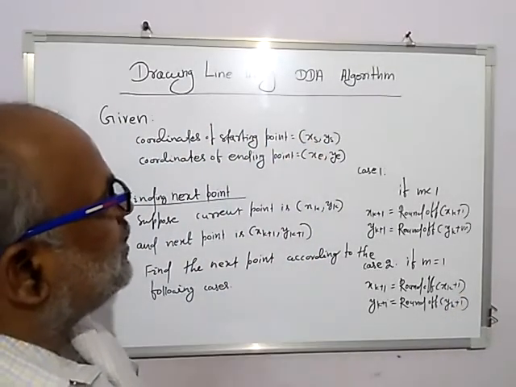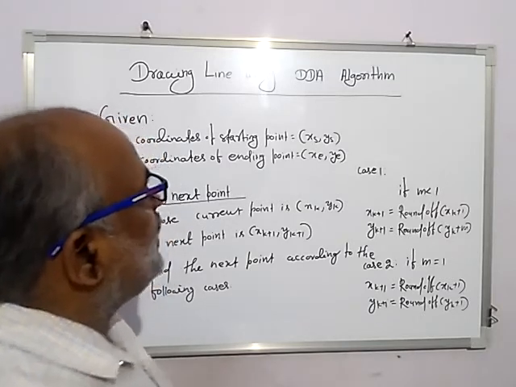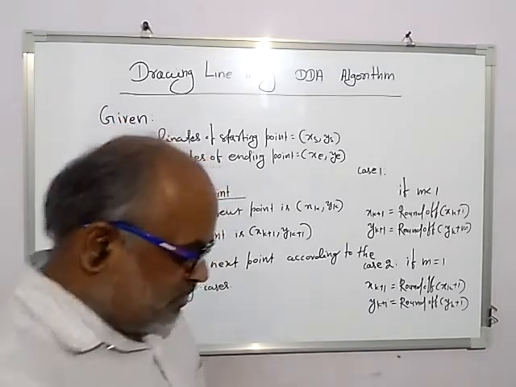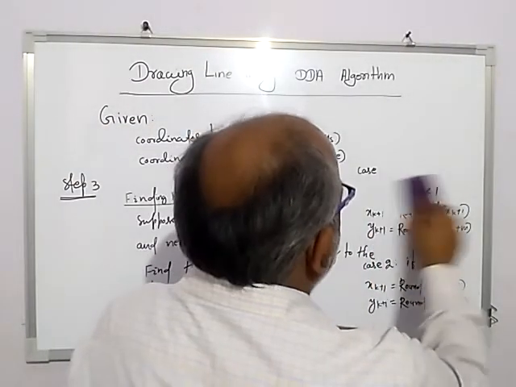So case 1, m is less than 1, and case 2, if m equals 1. Now we consider case 3. So what is case 3?